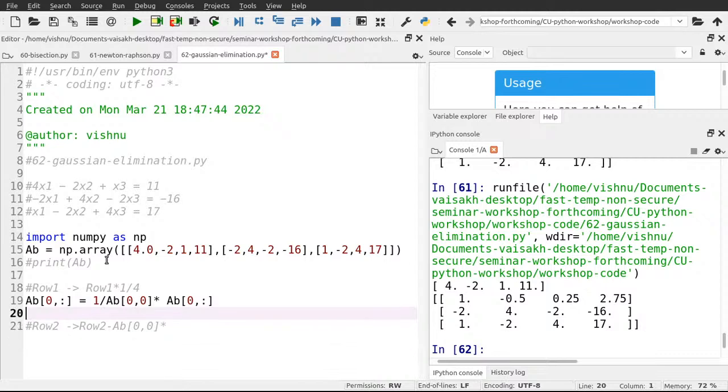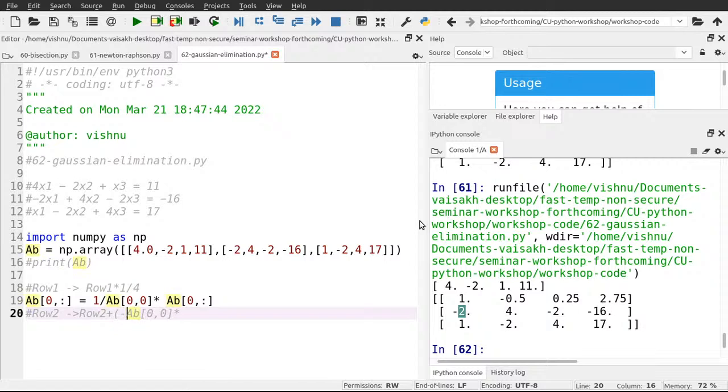Next is row two should become... So what is our row 2? Row 2 now consists of minus 2. We want this minus 2 to become 0. So for that, we need to multiply this 1 with minus of this and add it. So row 2 plus minus of the first entry in row 2.